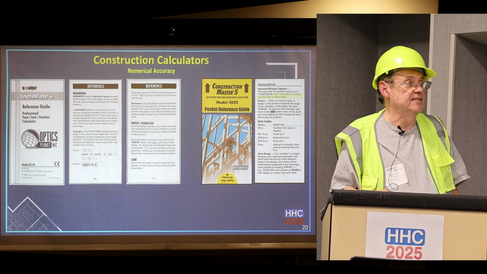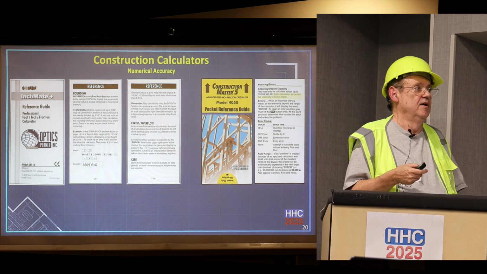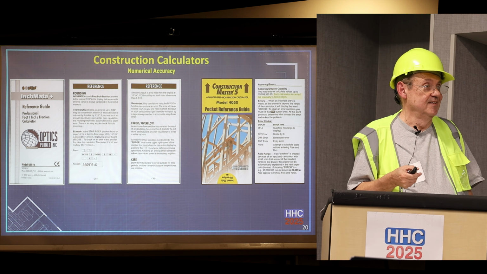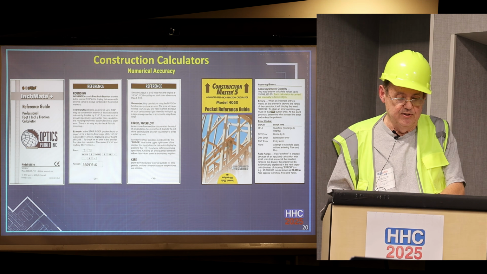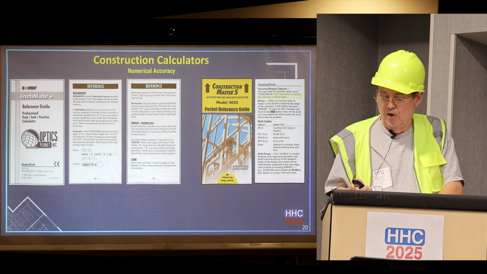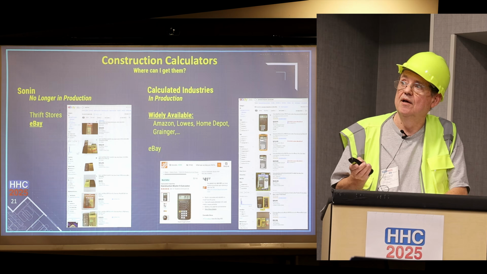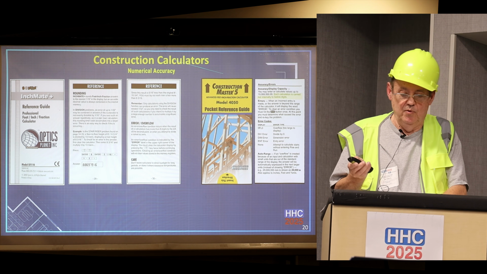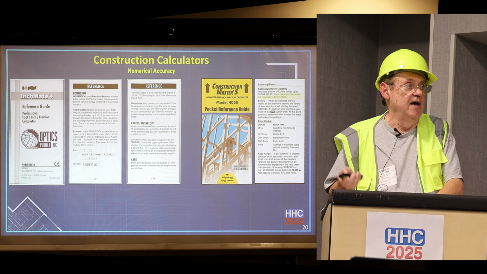The next value add of calculators, a check on the manual, if you will, is whether they talk about numerical accuracy. And again, what I show here is the sections from the two. On the right, they talk about everything goes into the calculator, gets converted to decimal feet, and then gets displayed back as feet inches.